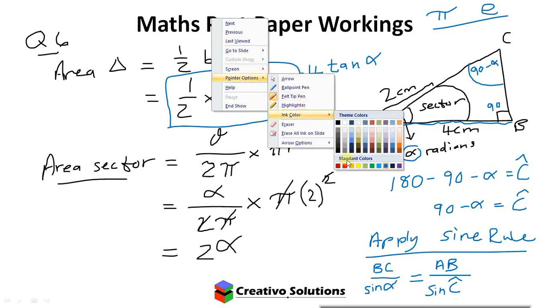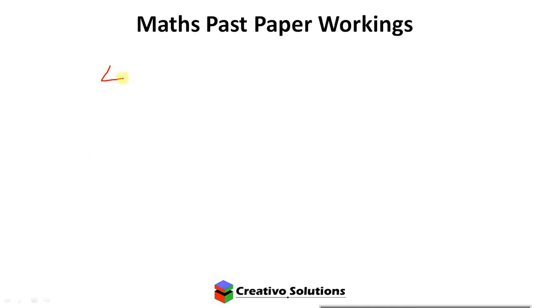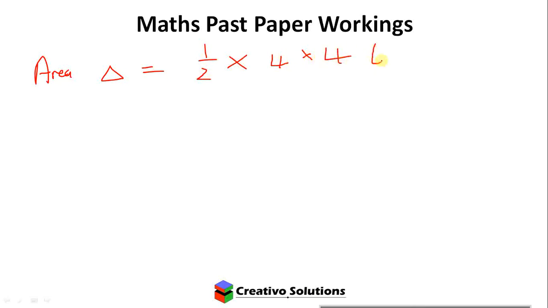So what is the area of the triangle? Because now I've got 4 tan alpha. Yes, so you know what that is, right? Okay, we just need to simplify it. So the area of the triangle is equal to a half times 4 times 4 tan alpha.